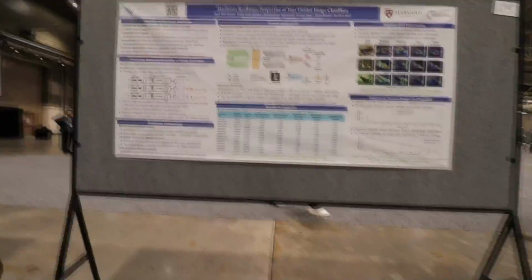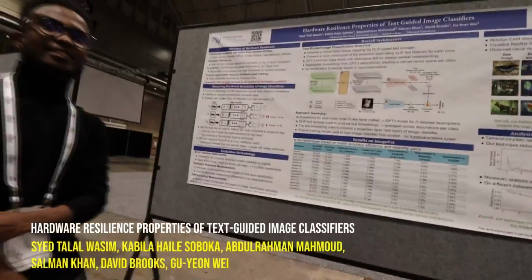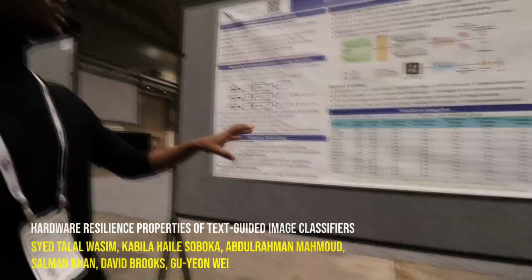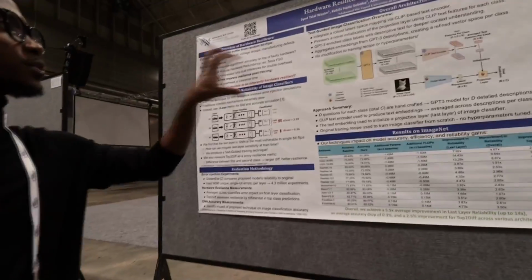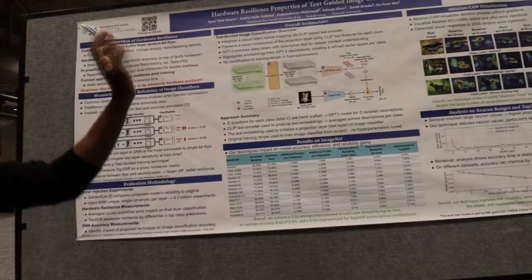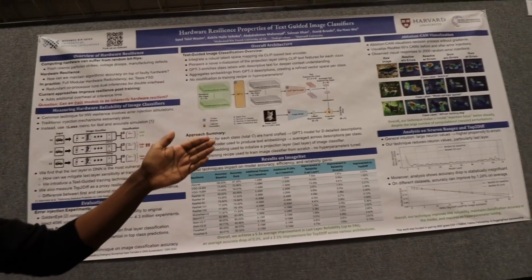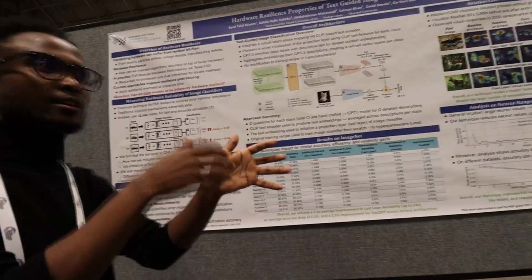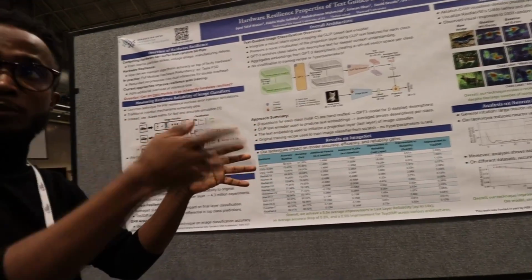Okay. What do your text-guided image classifiers have to do with hardware? Basically, we use the text features generated from the texts to initialize the last layer, instead of doing a random initialization as previously.